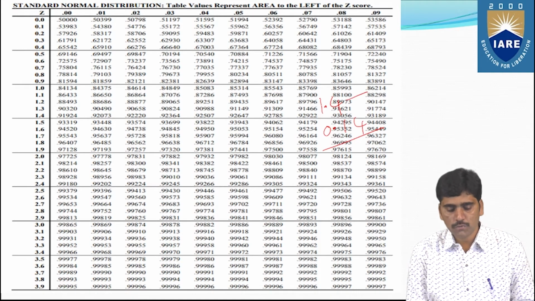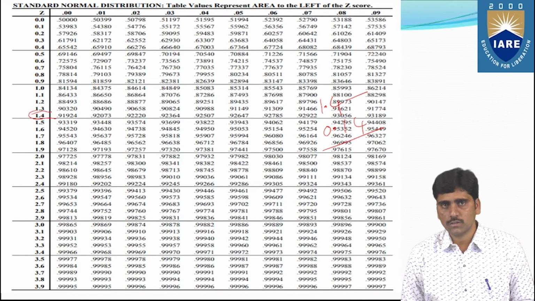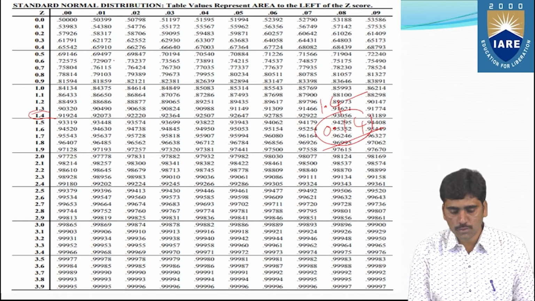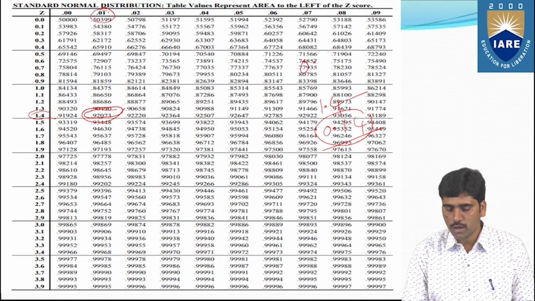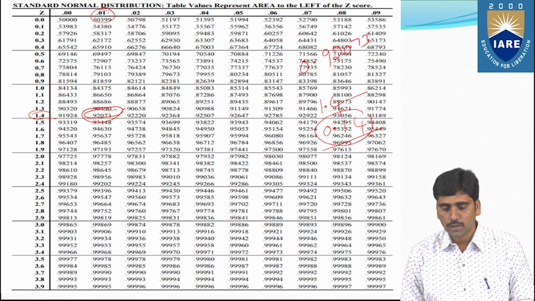For this, 1.4 is this row, and for 0.01, we need to take this column. This one is 0.92073, and the same value is taken for minus 1.414.